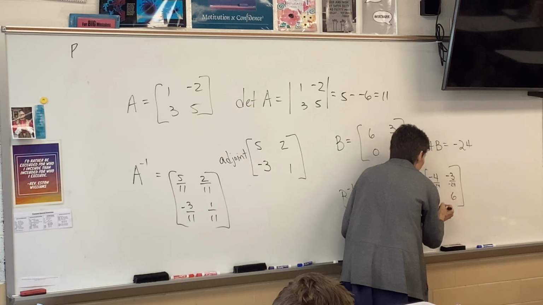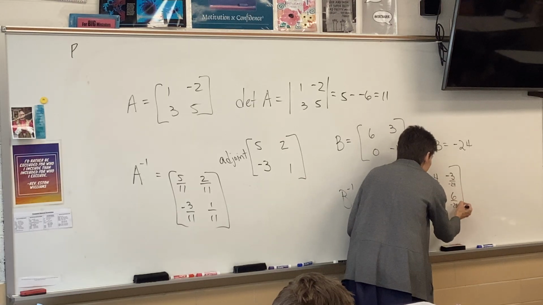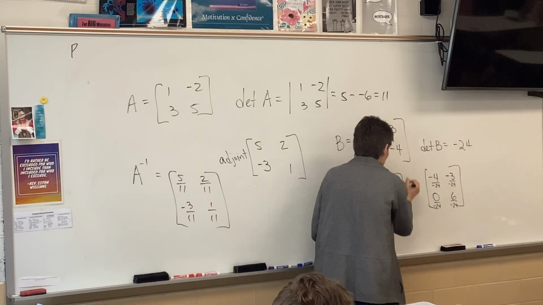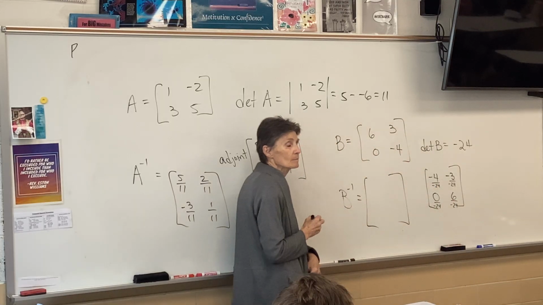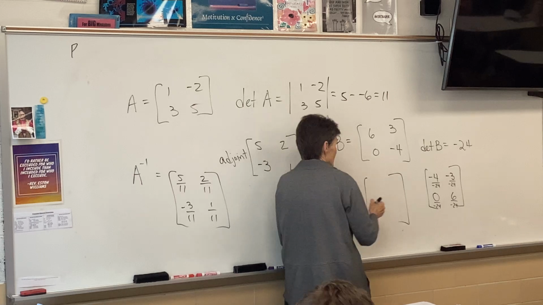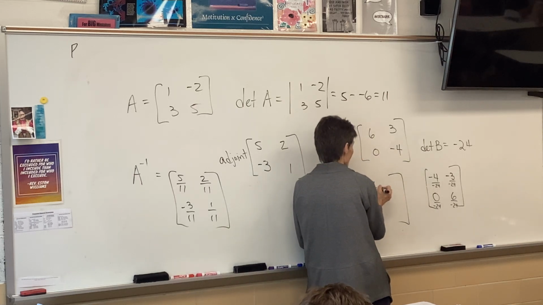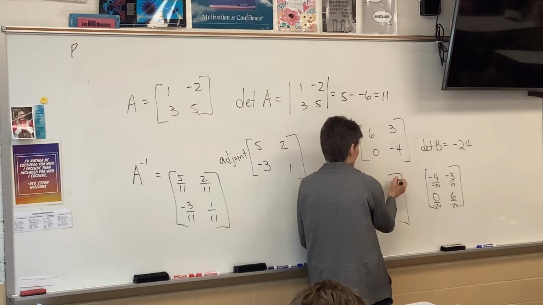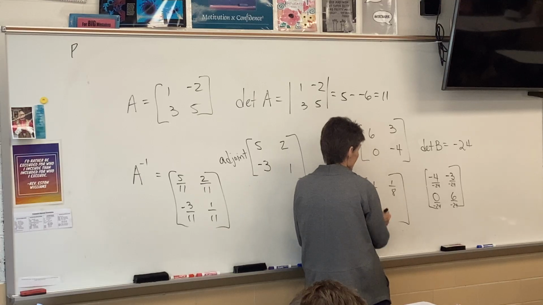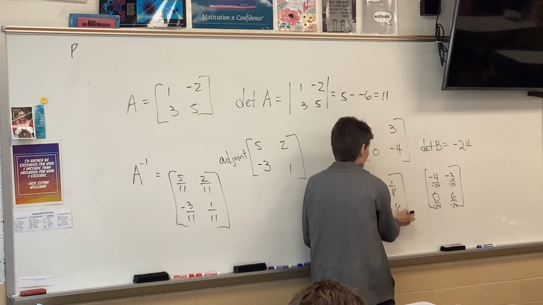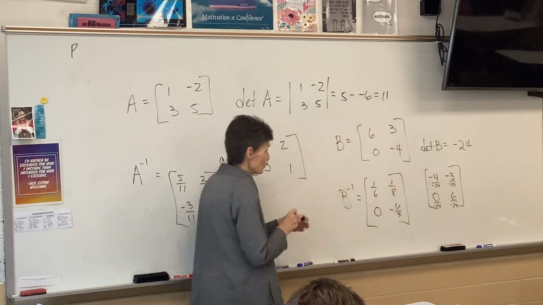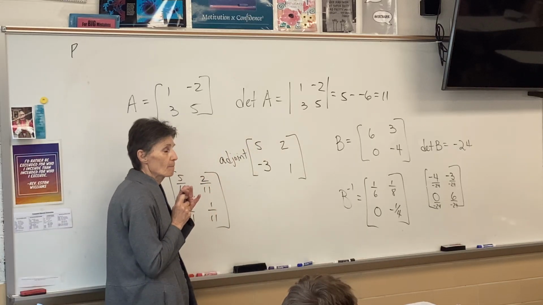I'm going to do it over here to the side because I'm going to have to do a bunch of reducing. So my first one will be 1/6, 1/8, 0, and -1/4. There is your inverse.